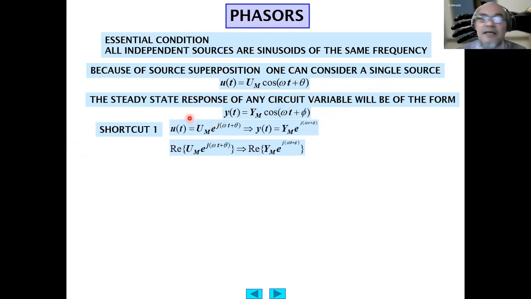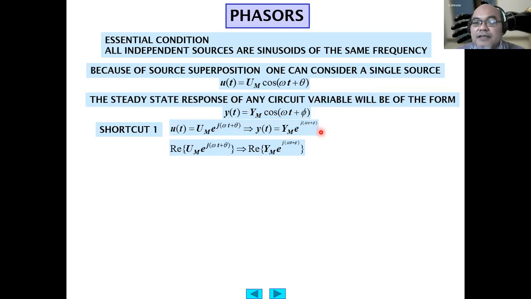In that case, we could have a shortcut. The source u(t) is expressed in complex notation as Um times exponent j(omega t plus theta), while the steady state response from the circuit is expressed as y(t) equals Ym, the magnitude, times exponent j(omega t plus phi).